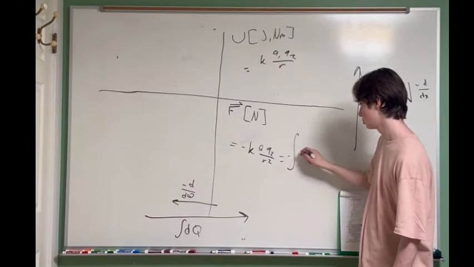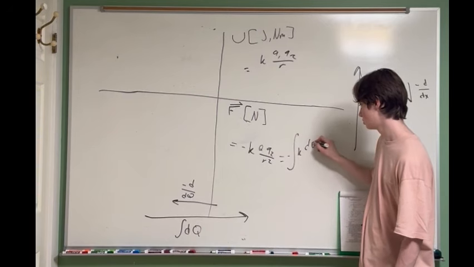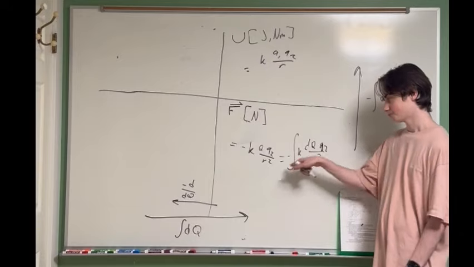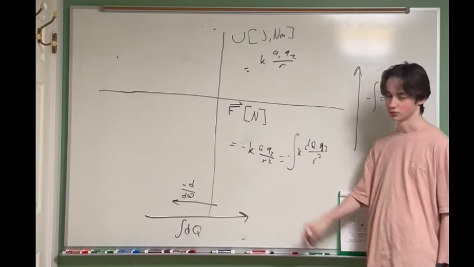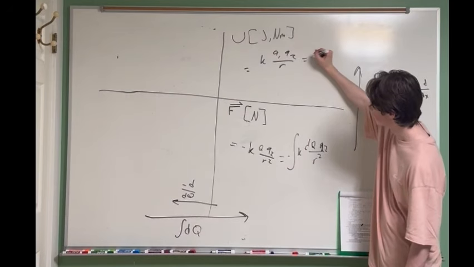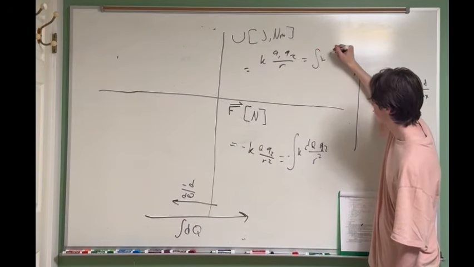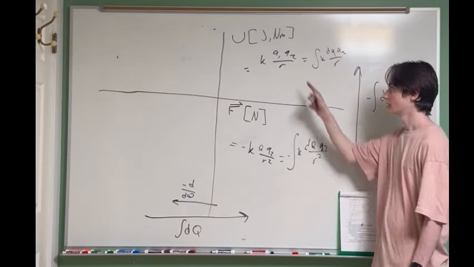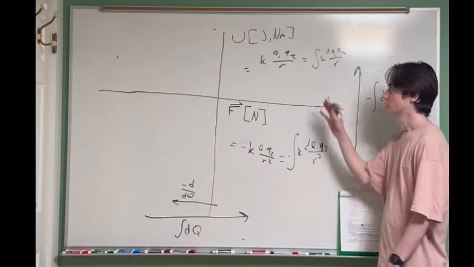So integral K dq Q2 over R squared. You can choose to use dq or just normal Q in any situation. And the same thing here, you might need to do integral K dq Q2 over R. These 1s and 2s don't really matter. You can change that to a capital Q.